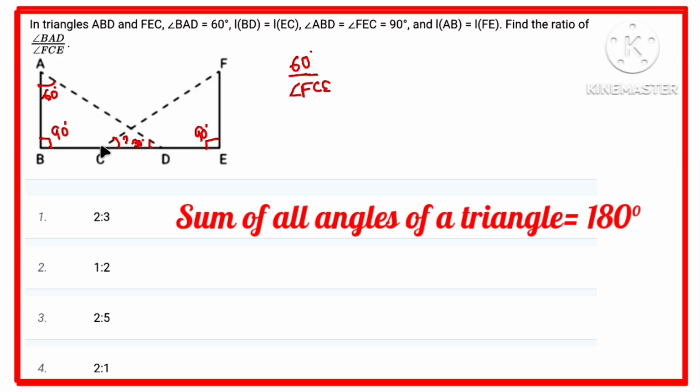So we can directly say that if this is 30 degree, this angle will be also 30 degree over here. So if we put FCE equal to 30 degree, that is 60 divided by 30 degree, then we cancel this, then 2, so 2 by 1, that is option number 4.